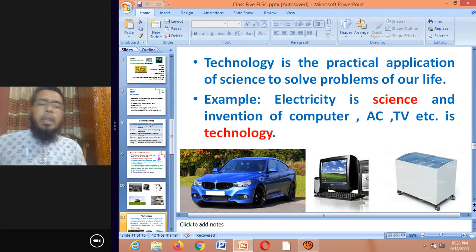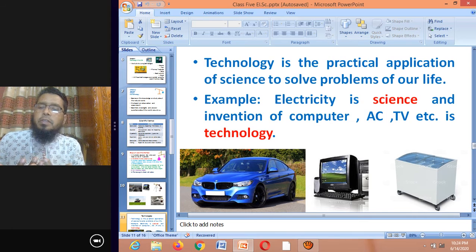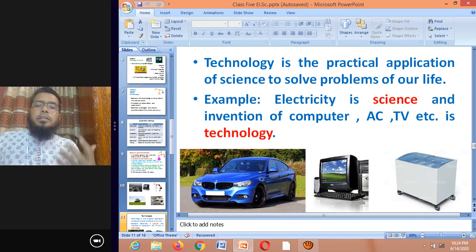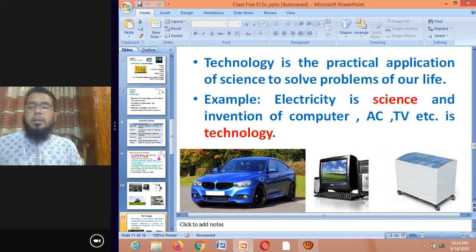That means using electricity, scientists or people have invented computers, AC, etc. This is technology. So what is the difference between science and technology? Science is the knowledge of the natural world, and by using science, technology is invented basing on our requirements.